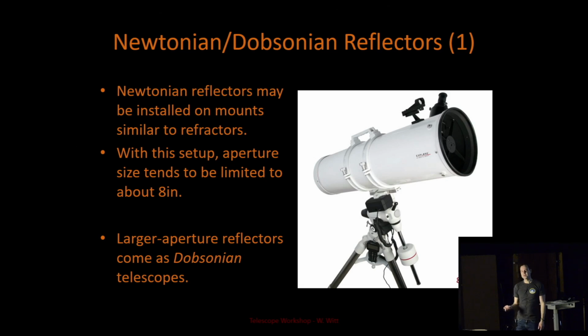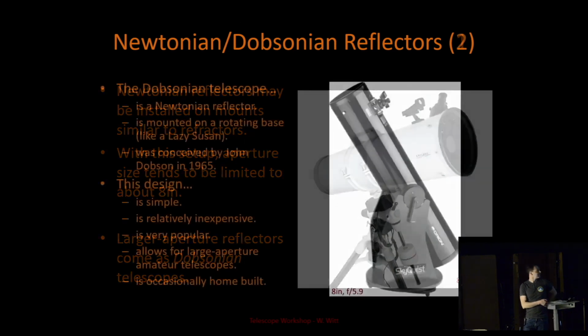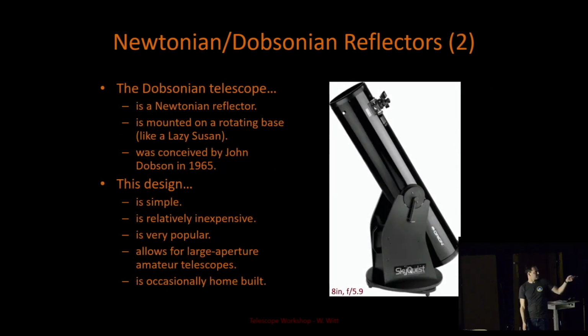But we can go bigger using a different mount style, and one way to do that is to have a Dobsonian telescope on one of these rocker pivoting mounts. The Dobsonian telescope in general is still a Newtonian reflector. You can tell because it's got the eyepiece poking out the top, and so there's a diagonal secondary mirror here.